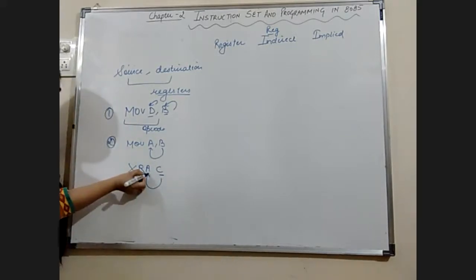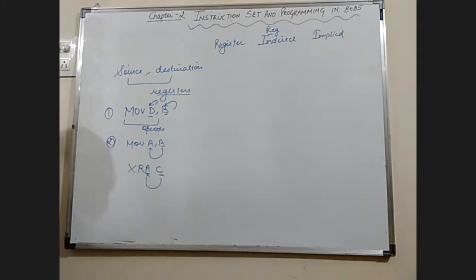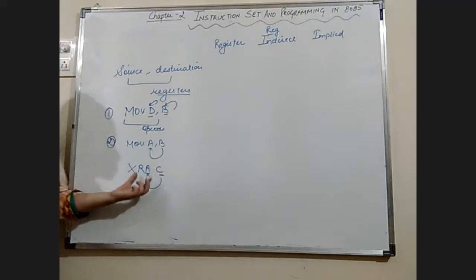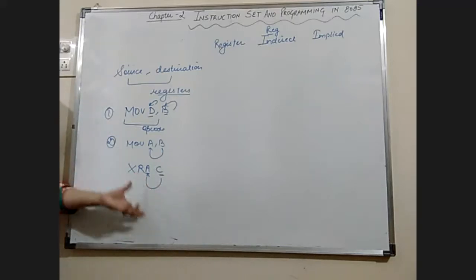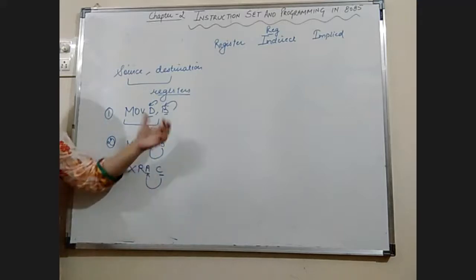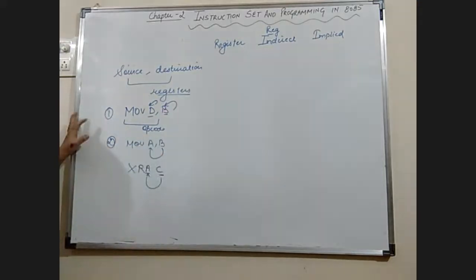Again, A is a register and C is also a register. So whatever operations we perform among the registers, where registers are present at both the source and the destination, those addressing modes are known as register addressing mode.